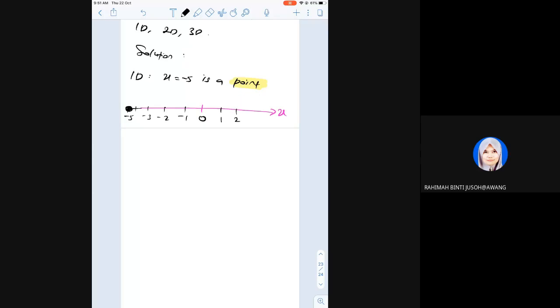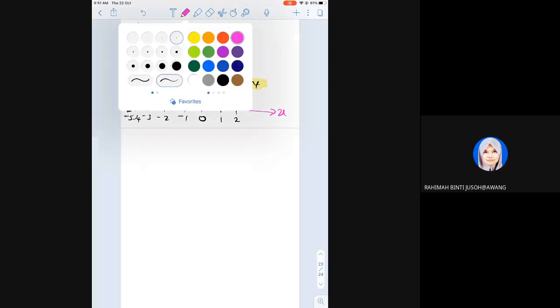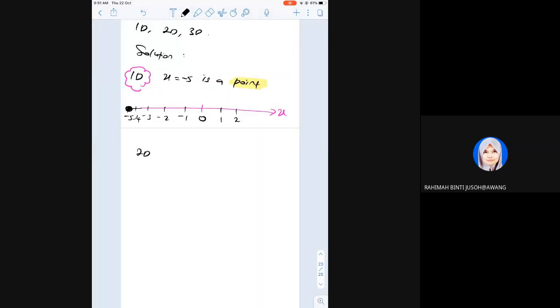So this is the coordinate -5, okay? So itu adalah in 1 dimension. Okay, in 2 dimension, X equals to -5 is a line. Satu garisan.